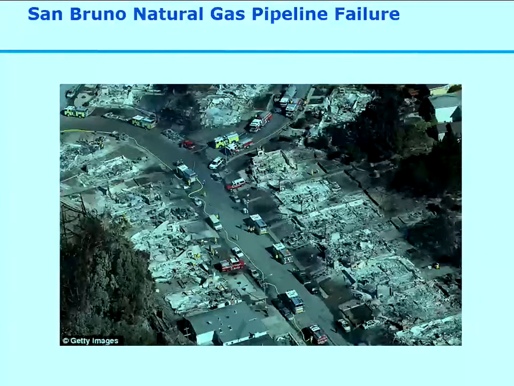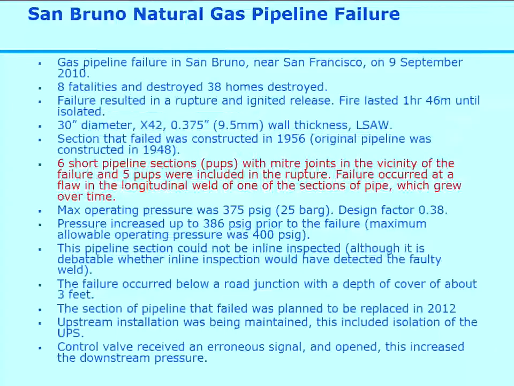So the section of pipe that failed had 6 short pipeline pups in it, all with mitre joints, and 5 of those pups were included in the rupture. So that quite clearly is going back to the quality of construction.